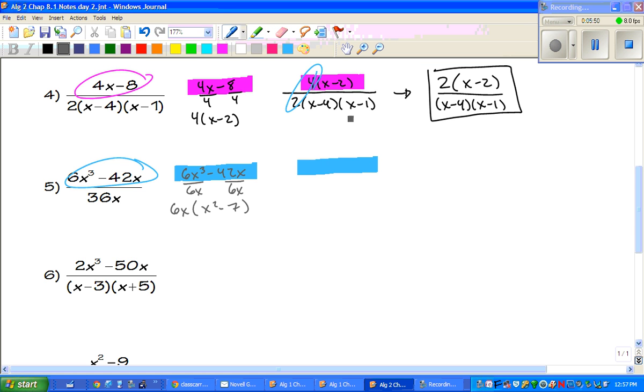Now there's nothing we can do to the bottom. So we have 6x, x squared minus 7, all over 36x. Okay, your x's cancel, and then 6 divided by 36 is 1 sixth. So we get x squared minus 7 on the top, and then 6 is on the bottom.